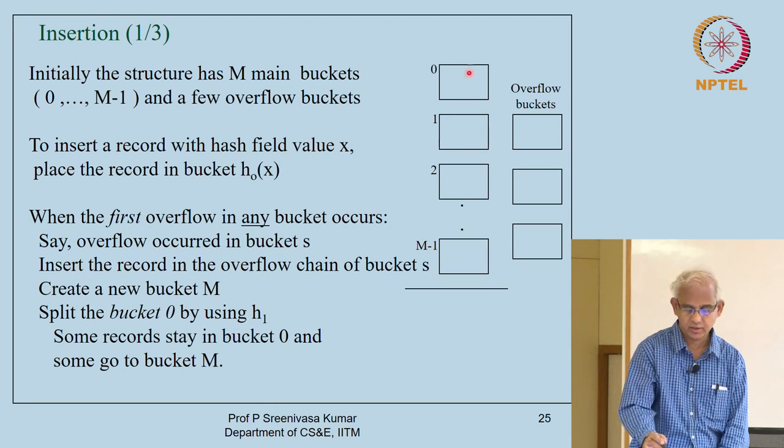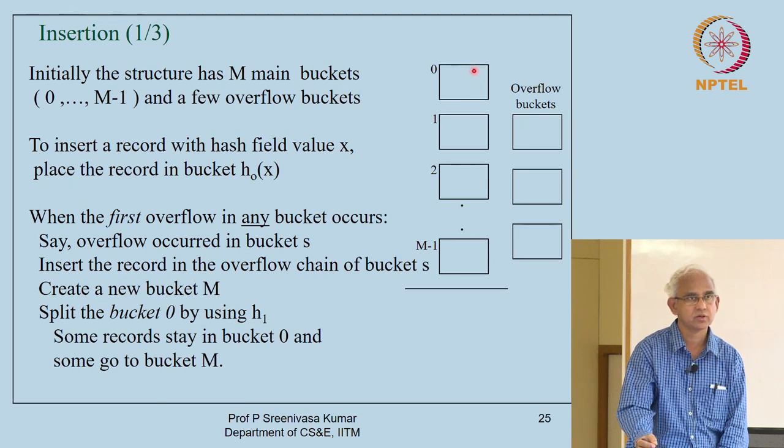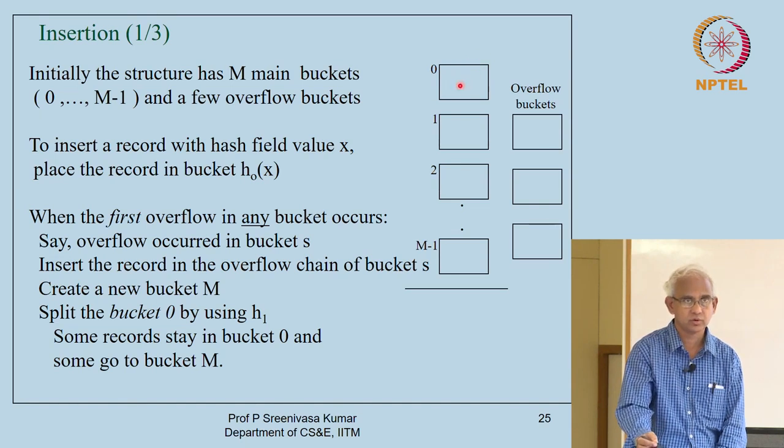All these records, when you take a mod m, were coming to 0. Now, if you take mod 2m, they will actually go to either 0 or M. I will show that a little later.